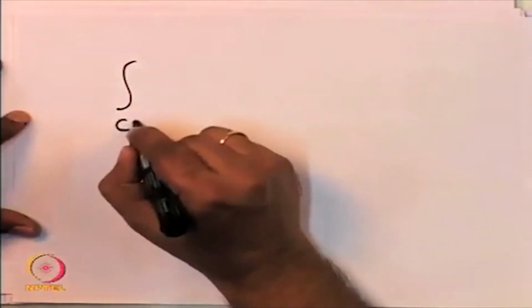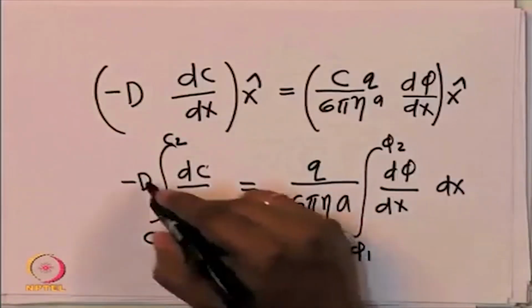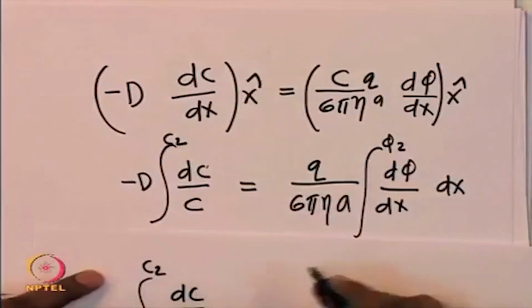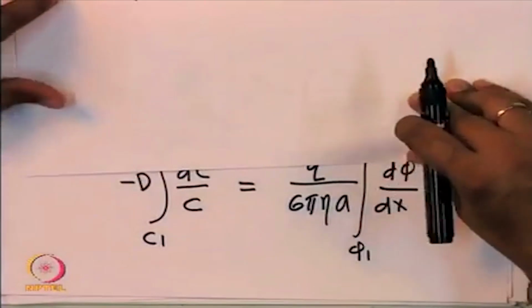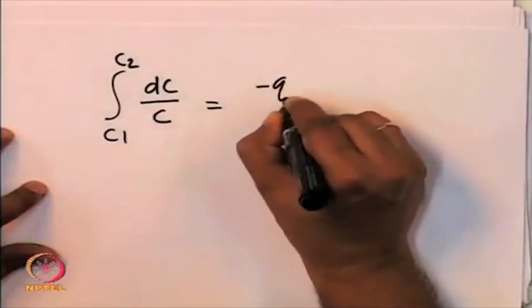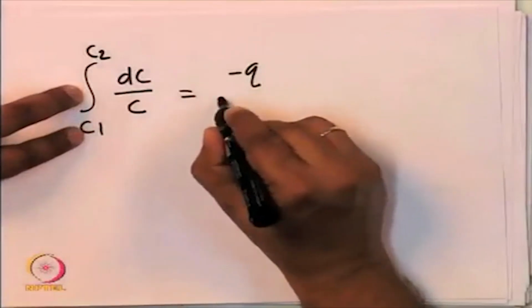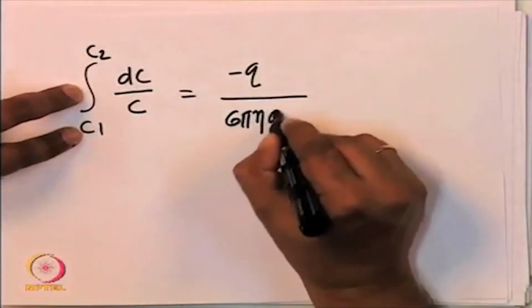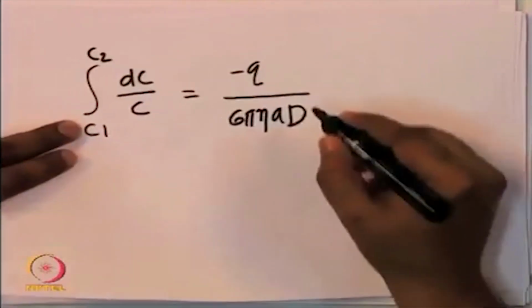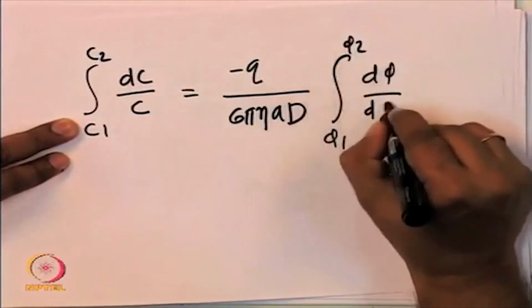We have integral c1 to c2 dc by c, and I take the minus sign this side. So, what you get is minus q times 6 pi eta a d, and there is this integral phi 1 to phi 2 d phi by dx into dx.